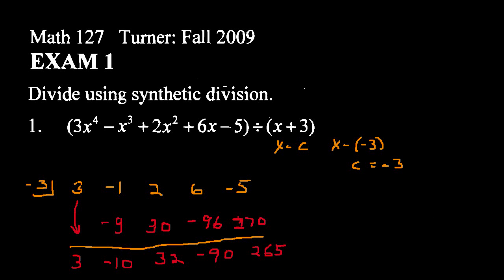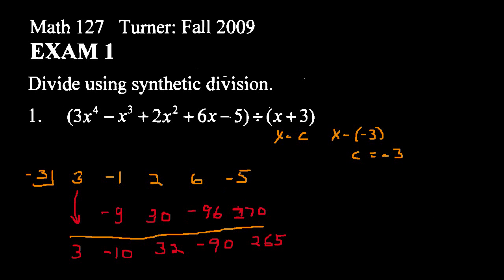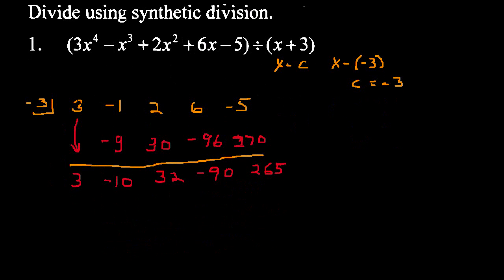Okay, now that's your quotient, but you need to write it as a polynomial of degree 1 less than what the dividend was. So what was the degree of the dividend? It was of degree 4. So compose your quotient answer starting out with degree 1 less than 4.